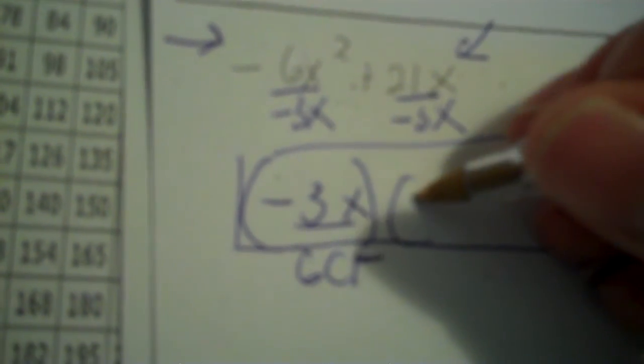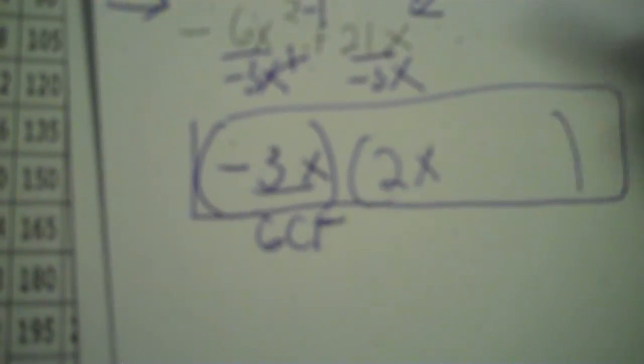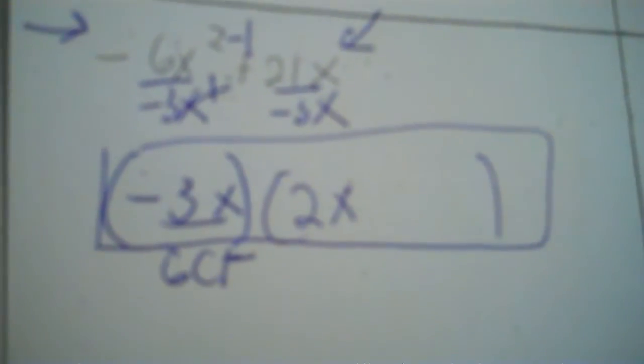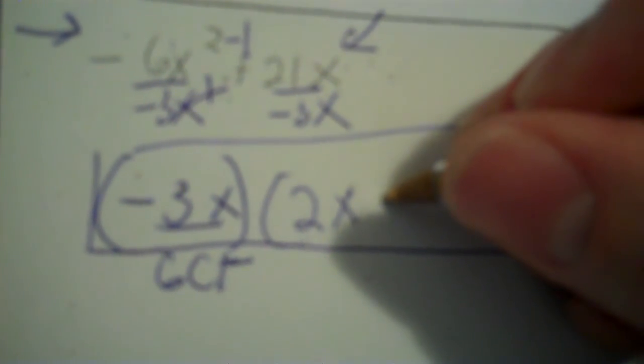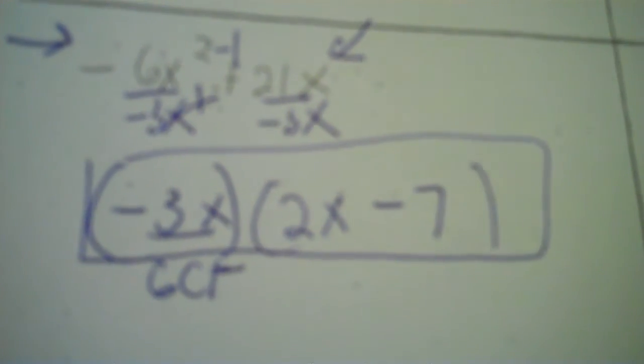There's your first piece. Now you go up and divide by negative 3x. So negative 6 divided by negative 3 is positive 2 there. And then x second, x first, we'd subtract the 1, so it'd be an x. 2 minus 1 is 1, so we don't need to put the exponent if it's 1. 21 divided by negative 3 is negative 7, so then you write that in the form of minus 7.